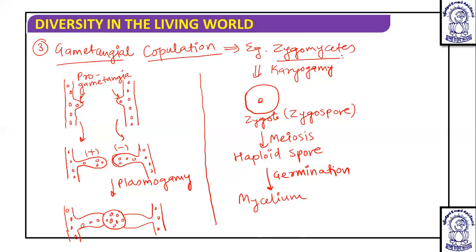Okay. And after this gametangial copulation, we are going to talk about the next one, that is spermatization. In this fourth type of plasmogamy, that is spermatization, what will happen? See, suppose this is a female hyphae, this is a male hyphae.